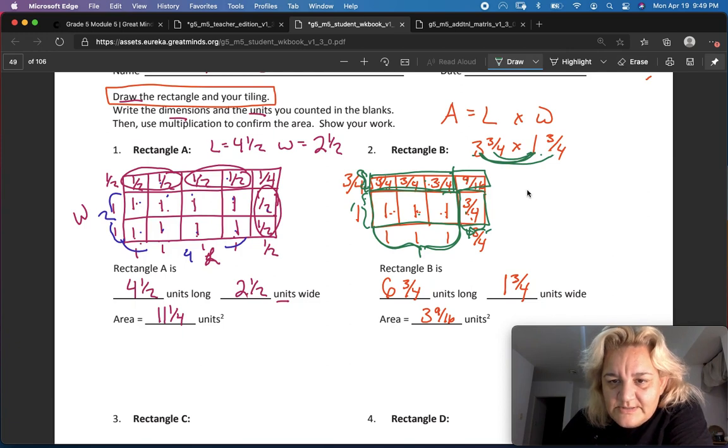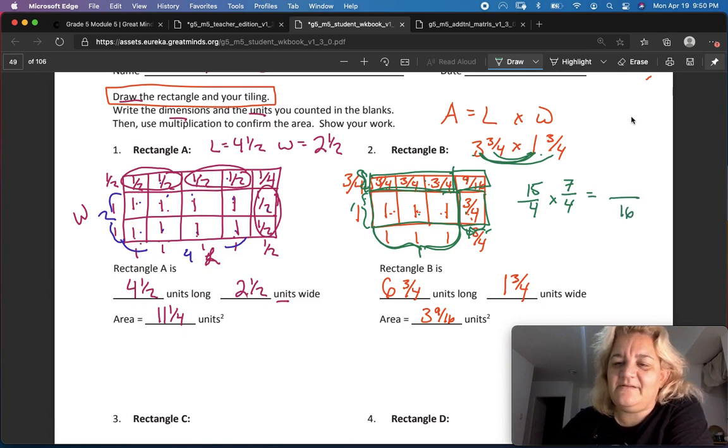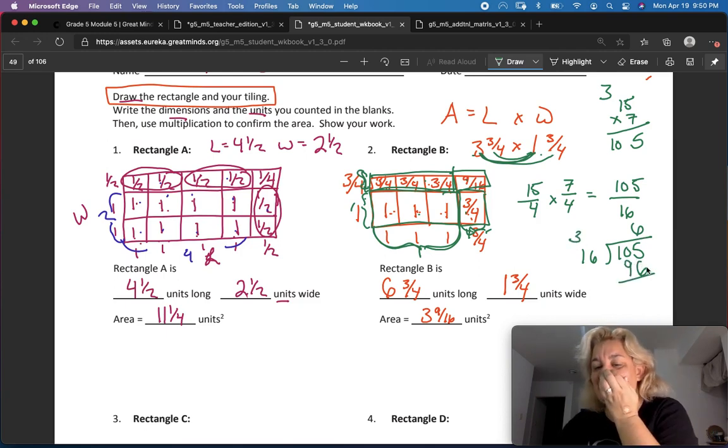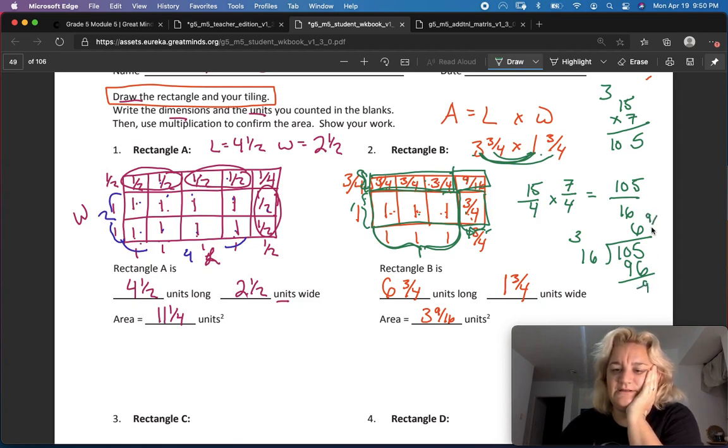Okay, so 3 3/4 would be 15/4 times 7/4. And that would give us 16ths on the bottom. 15 times 7, this is why I don't like to do it in such big numbers, would be 105 16ths, and then we would have to take that 105 and divide it by 16 to see what we get there, which would be 6. 6 times 16 is 96, and we're left over with 9, which would be 9/16.